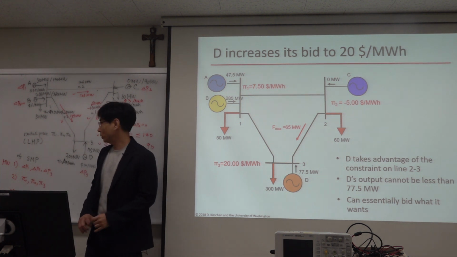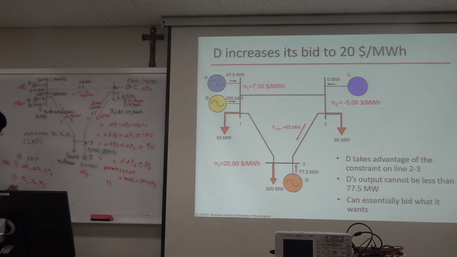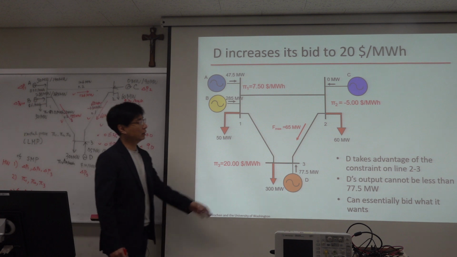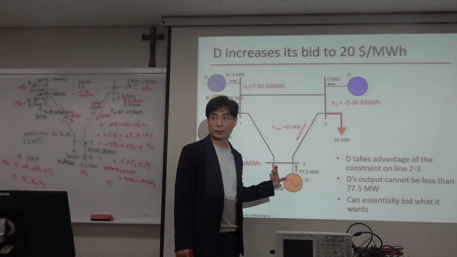Okay, so your homework 3 is that when generator D bids $20 per megawatt hour, compute and see if you can obtain this result or not.